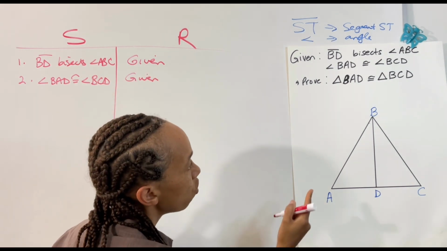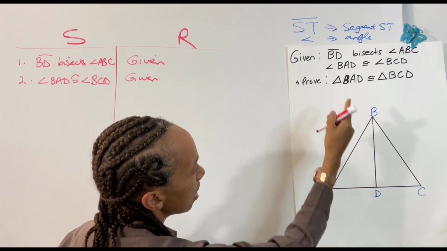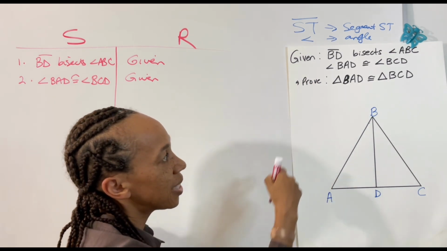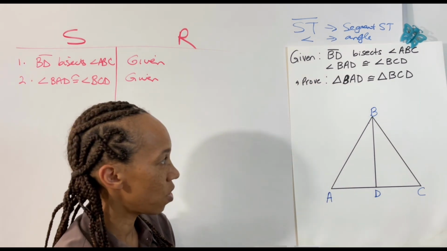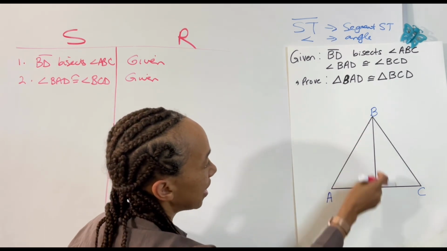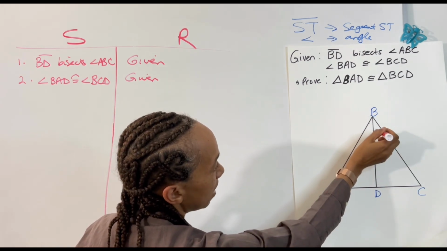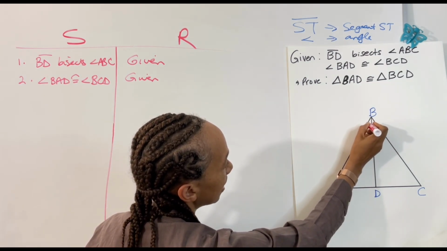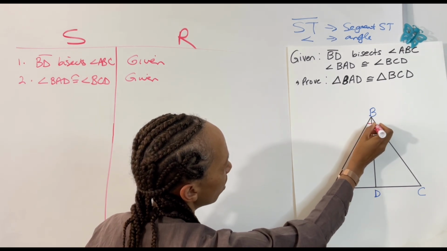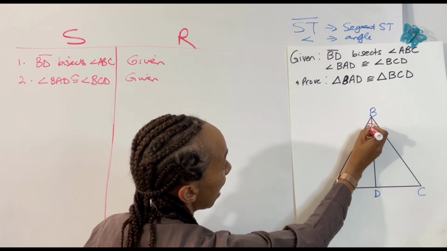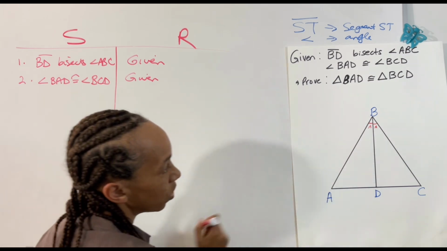Since you have that, if BD is an angle bisector of ABC, then that means that this angle right here is going to be congruent to this angle. So you can put that for A right there, okay?